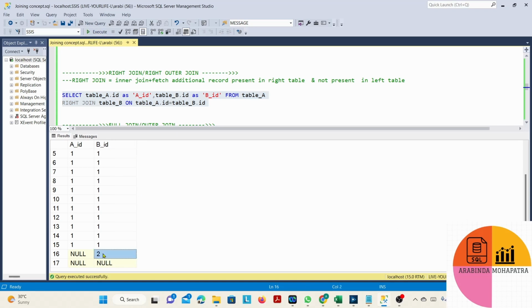From the right side of the table, two records got fetched, 2 and null, and those are additional on top of the inner join records. For this 2, there is no respective data from table A. That's the reason it's coming null, and null is not identical to null, so that's the reason it's coming null also. So this is the concept of the right outer join.